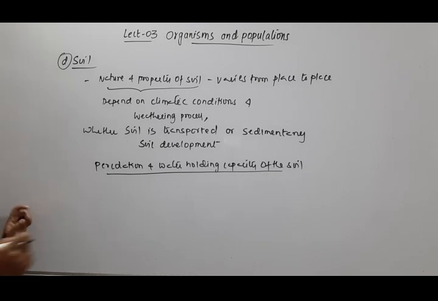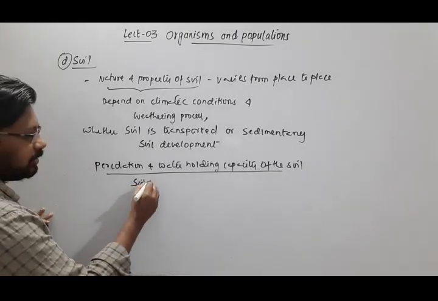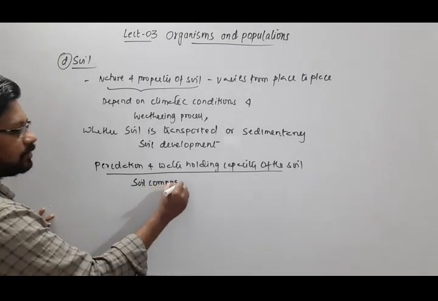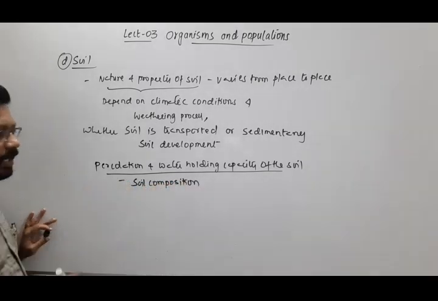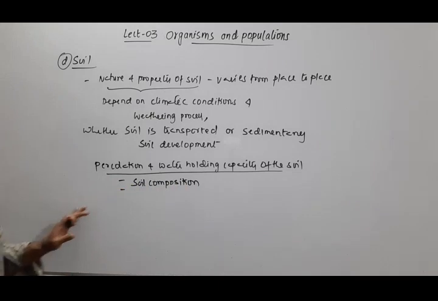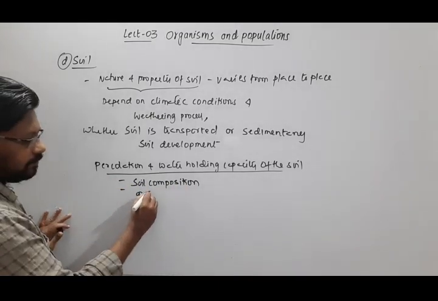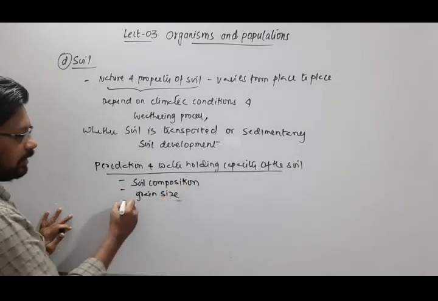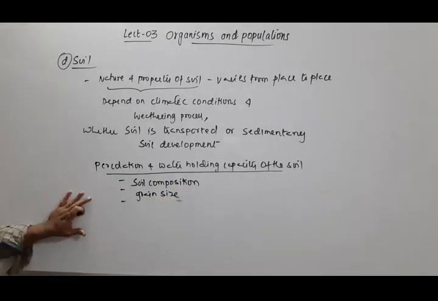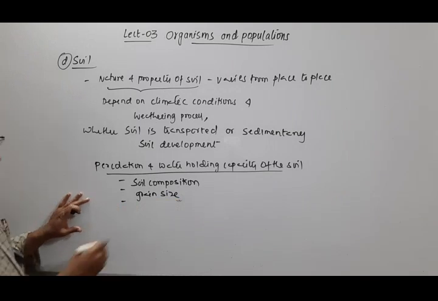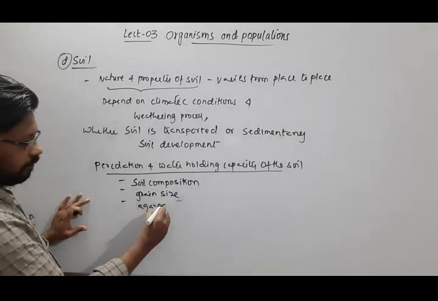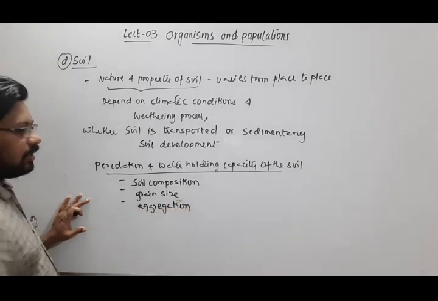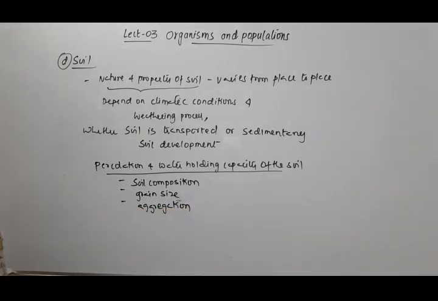Now this percolation and water holding capacity of the soil will depend on certain characteristics of the soil, like the soil composition, the grain size, and the aggregation of those soil particles.